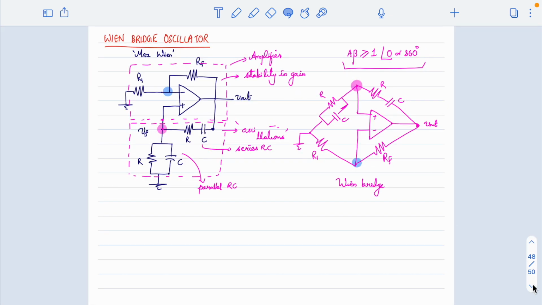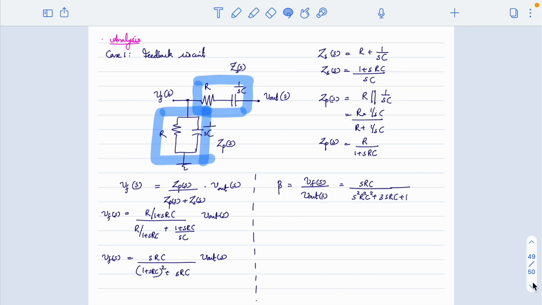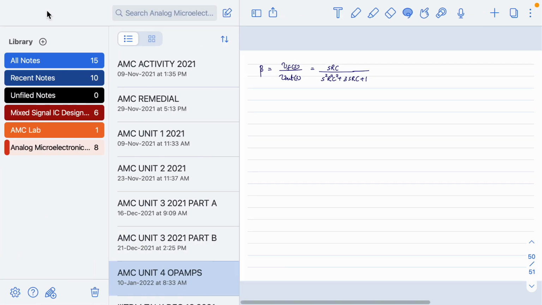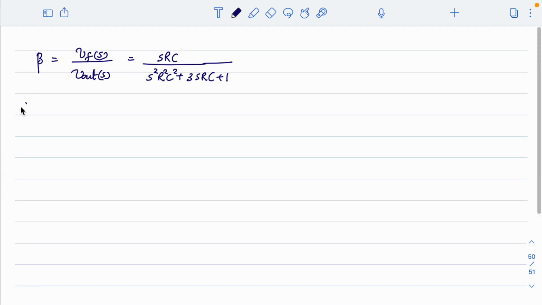Now, what we have done here is the first part where we analyze the feedback circuit. Now let us move on and analyze the amplifier part. In the amplifier part, this is minus and plus.